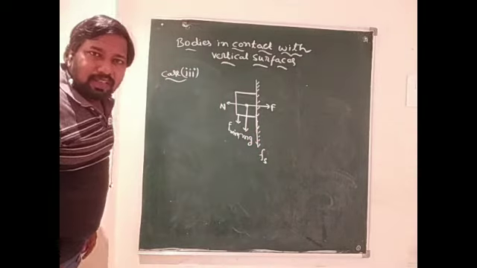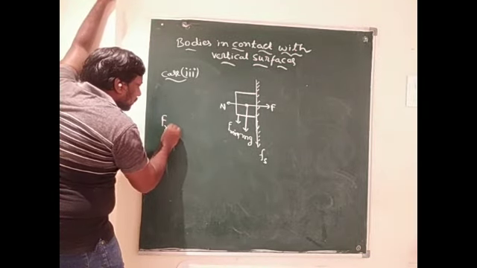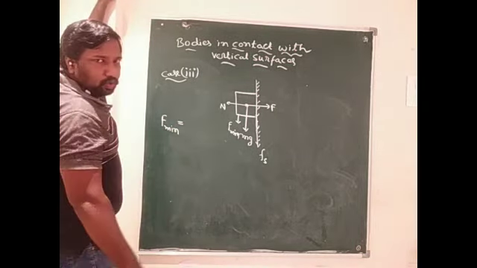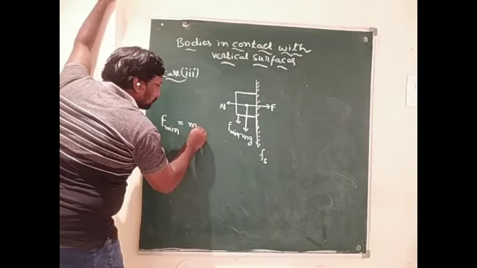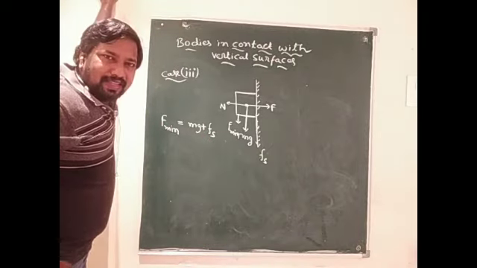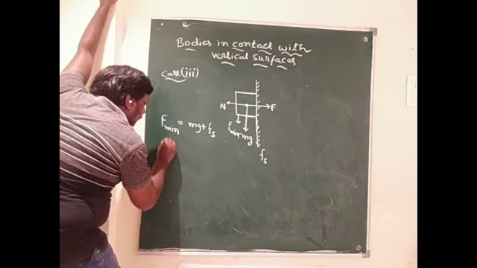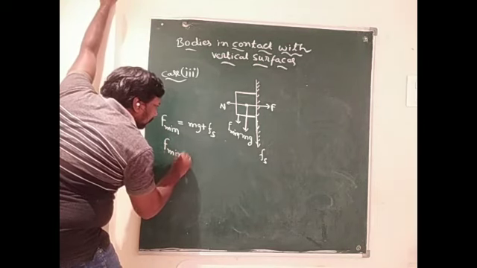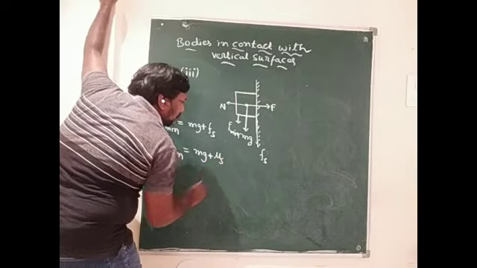So therefore the minimum pushing force acting on the block, F minimum equal to mg plus Fs. So here F minimum equal to mg plus Fs, that means mu s.